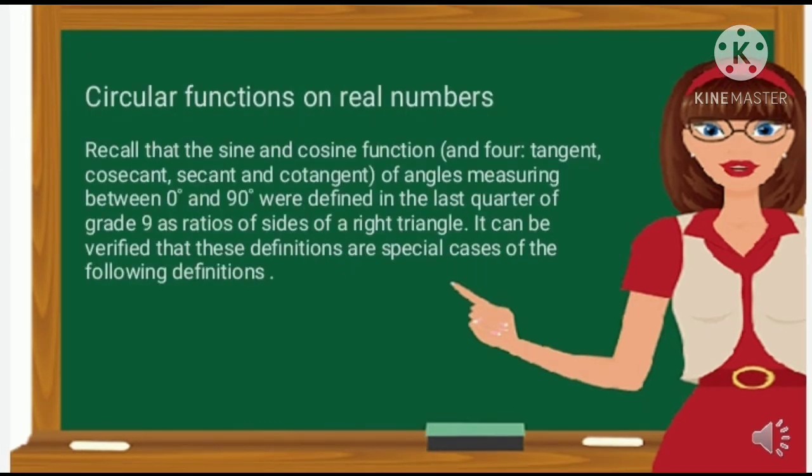Recall that the sine and cosine functions of angles measuring between 0 degrees and 90 degrees were defined in the last quarter of grade 9 as ratios of sides of a triangle. It can be verified that these definitions are special cases of the following definitions.